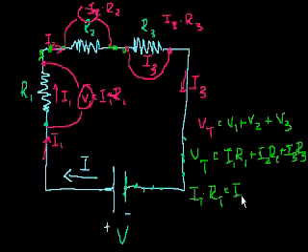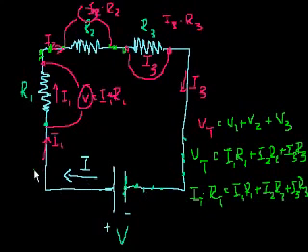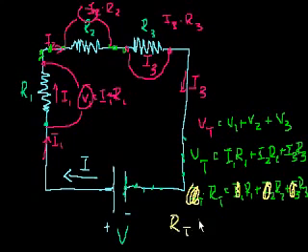Is equal to I1 R1 plus I2 R2 plus I3 R3. Well, we know that all the I's are the same. Hopefully, you can take it, conceptually, that the current through the entire circuit will be the same. So all of these I's are the same, so we can just cancel them out. Divide both sides by that I. We assume it's non-zero. And then we have that the total resistance of the circuit is equal to R1 plus R2 plus R3.